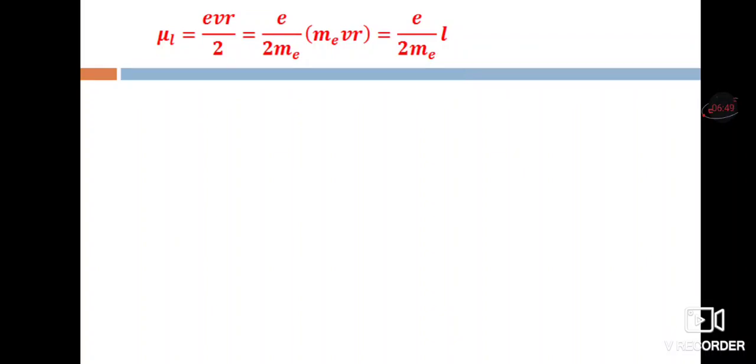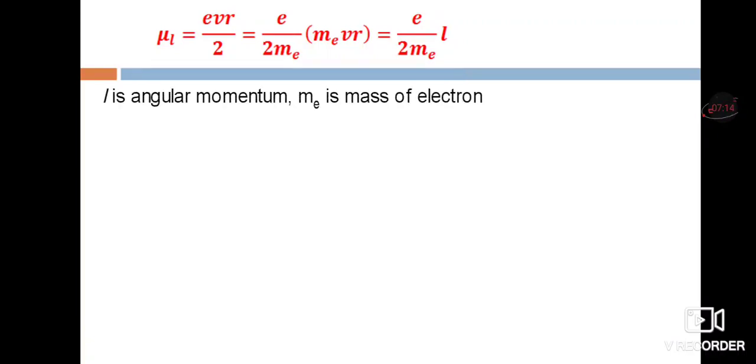Therefore, e divided by 2me into me v r, where mass into velocity gives you the momentum. Here we can write it as L, which is nothing but the angular momentum, and me is the mass of the electron.